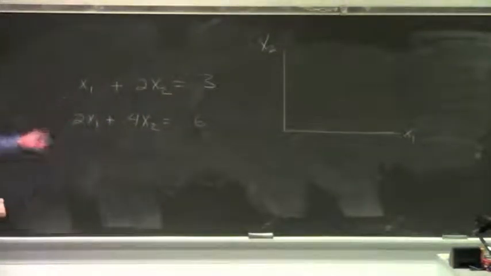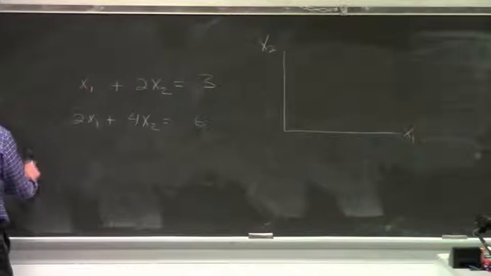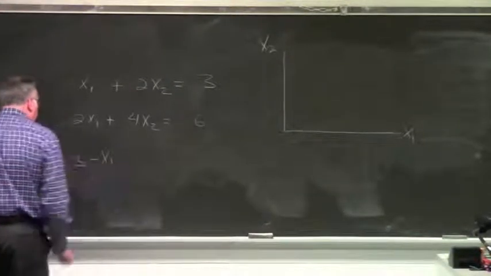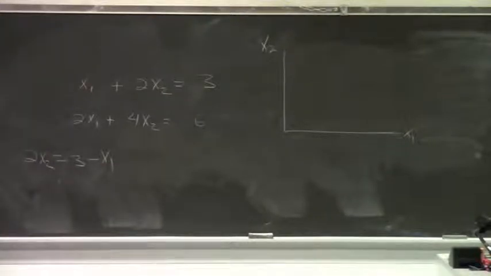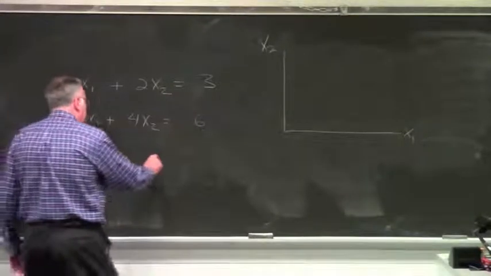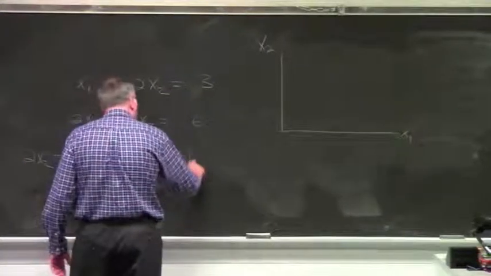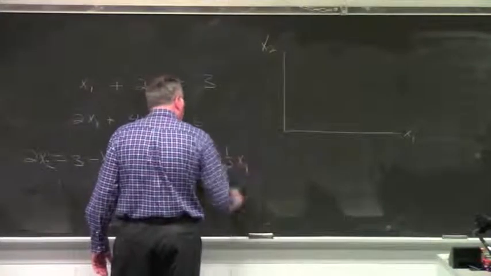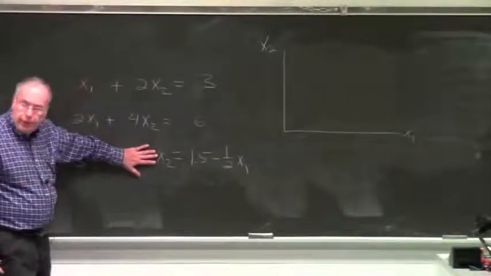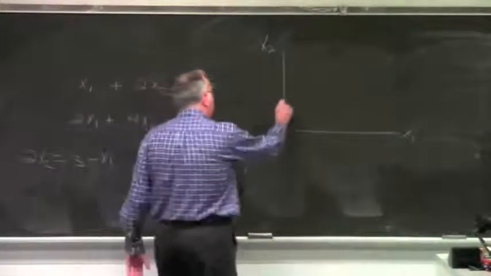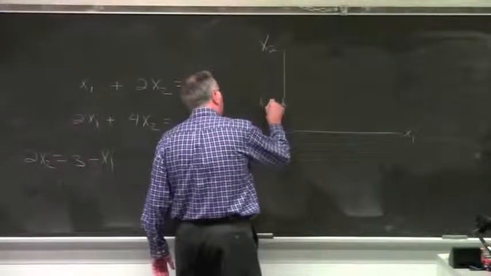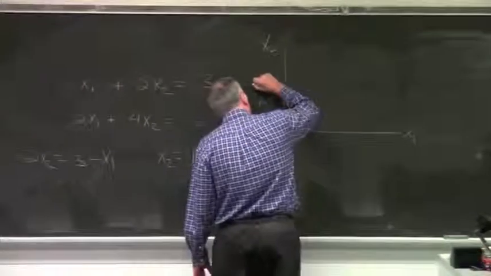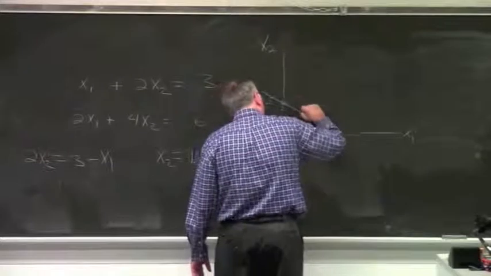Then I could rewrite this first equation this way. 2x2 equals 3 minus x1. Divide both sides by 2, and you get x2 equals 1.5 minus 1/2 x1. Graphing this equation, the vertical intercept is 1.5, the slope is minus 1/2, so it's a straight line that looks like this.